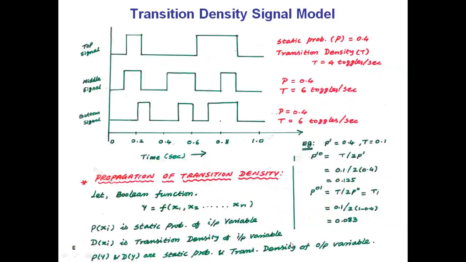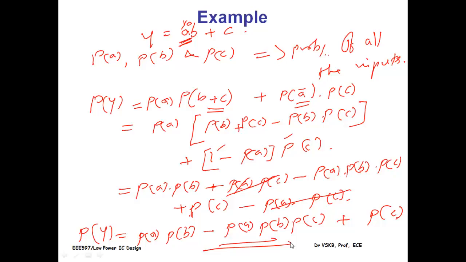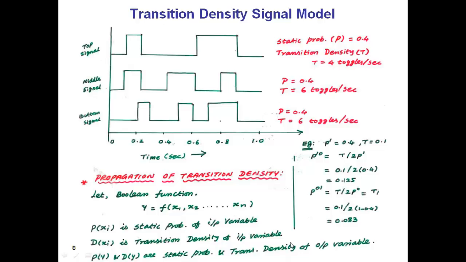Next, we would go for considering a continuation. It is not enough that we find out about the probability only. We would want to know how the transition density, how frequently it changes. That we are going to now introduce. The probability we have understood. Next would be the transition across each of the gates, how it would go down to the output from the input. The transition density signal model would make you understand this.